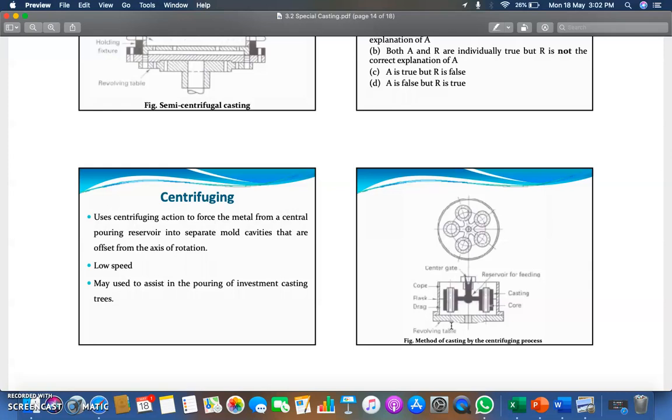Whenever you are asked to explain a few methods, you can explain with a neat sketch of the setup, the process, the advantages and disadvantages of the specific casting process, its limitations, the applications in which that process can be used, and the most favorable metals for that process. You have to point these out, meaning you have to answer your question component-wise. In this way you can write and get more marks or grades in your exams.